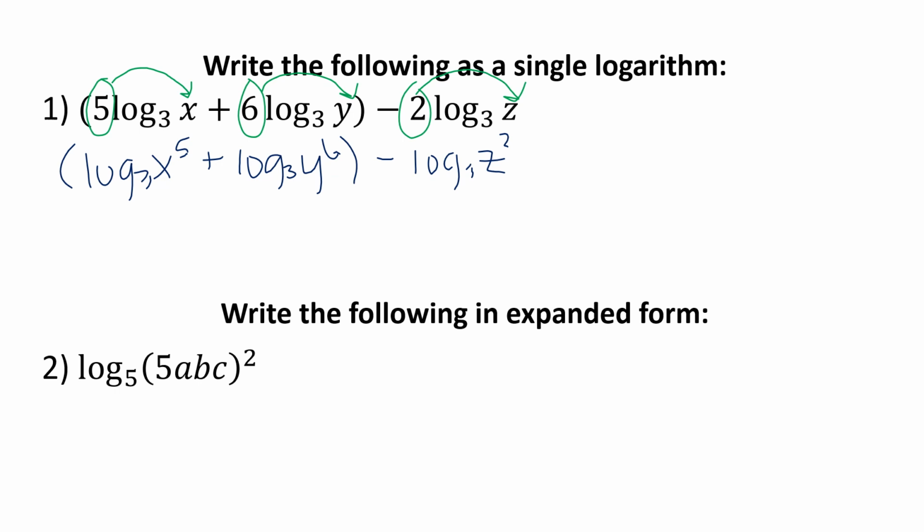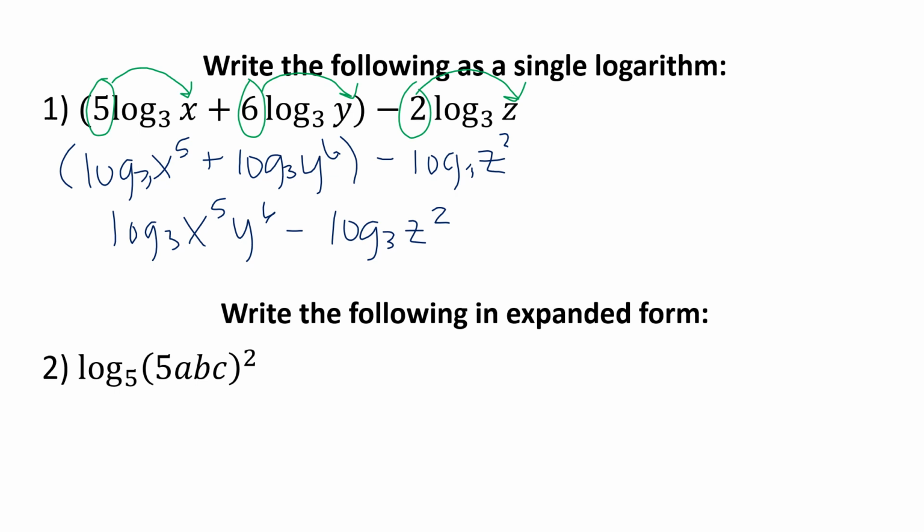All right, once all of those are done, then we're going to use the parentheses to condense everything down. So I'm going to combine what's inside the parentheses. Addition changes to multiplication. So log base 3 of x to the power of 5 times y to the power of 6, minus log base 3 of z squared. That's why the parentheses are important, because we want to make sure that the x and the y are together.